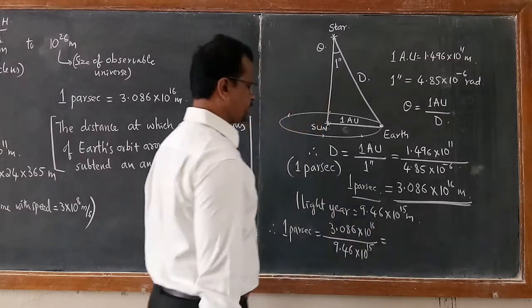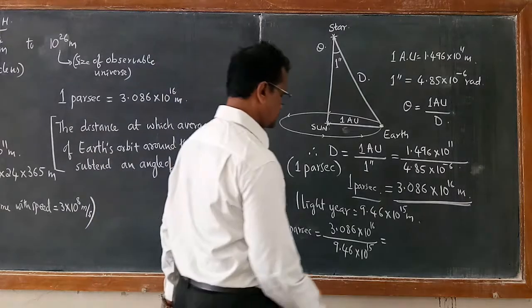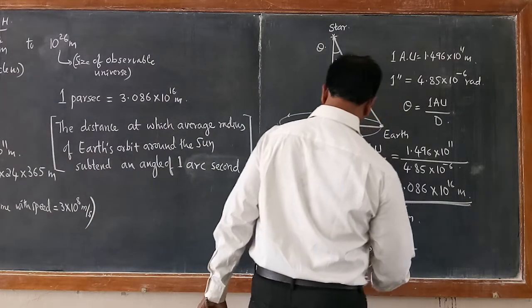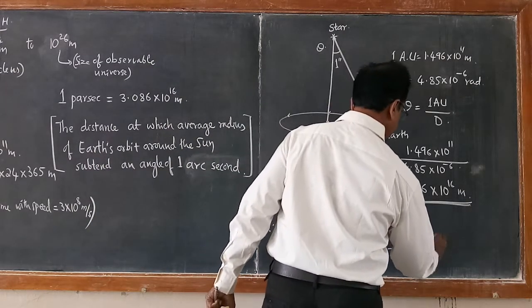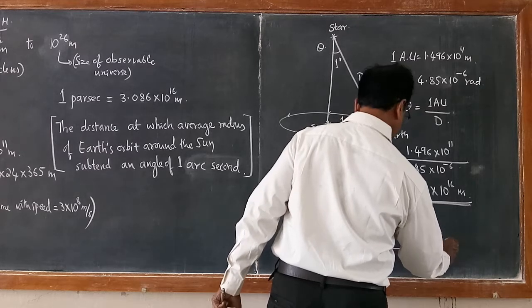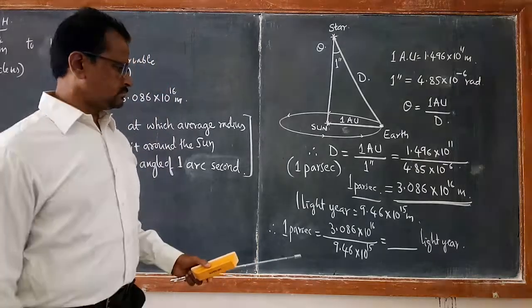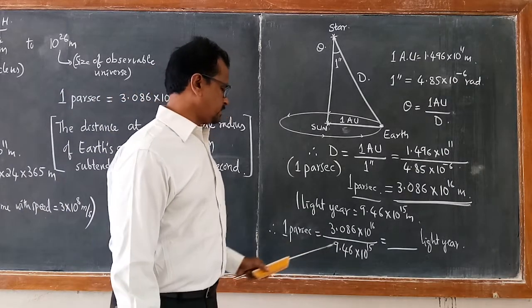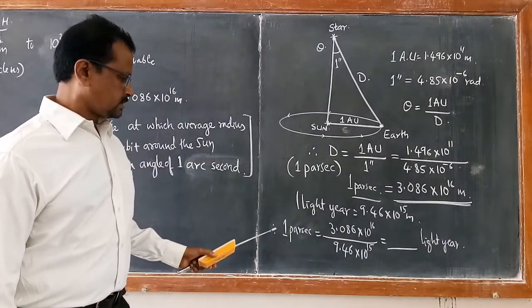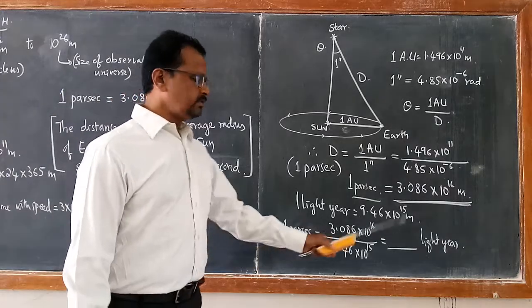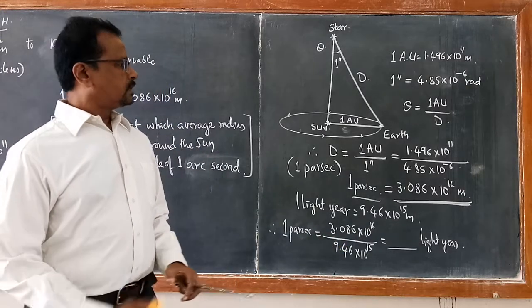This I am leaving with you. This will not be a big number. So many light years. That becomes the conversion of parsec into light years. I think you got the point.